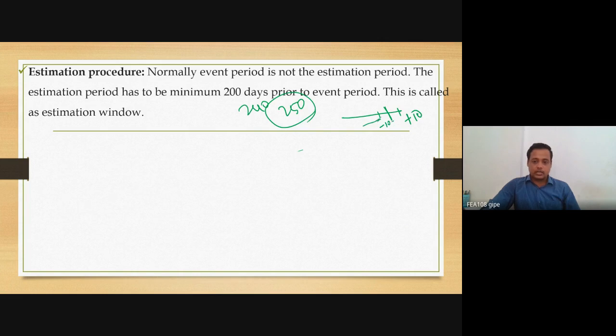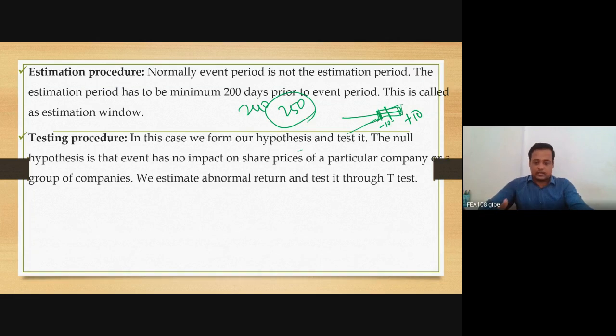It will start when the event window is getting over. We can say this is the event period. So my estimation window will start when the event window ends. That will help me apply the market model or CAPM model.